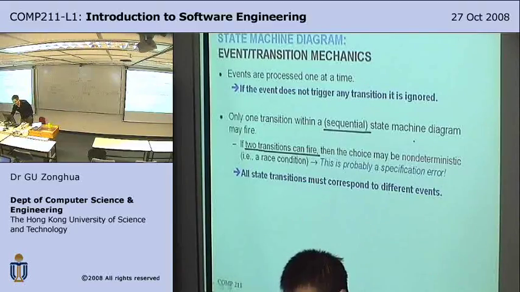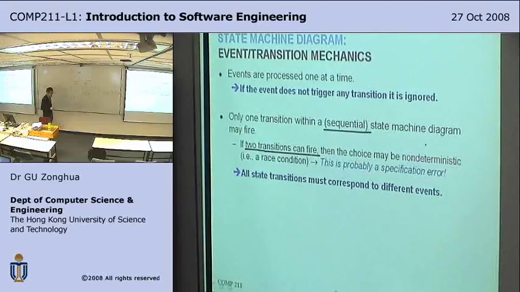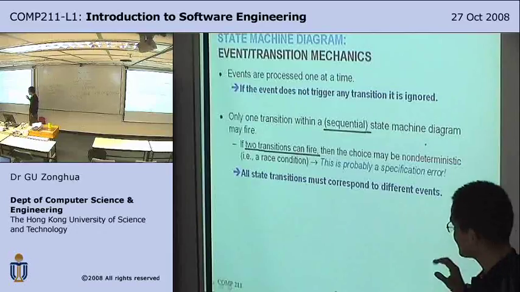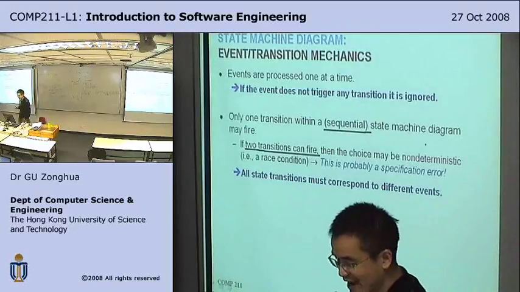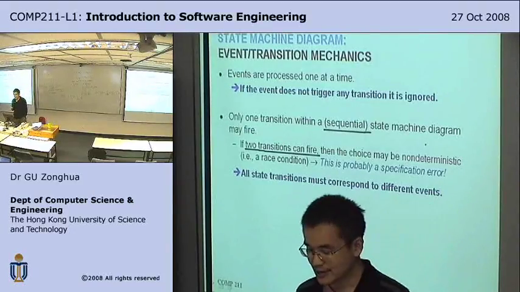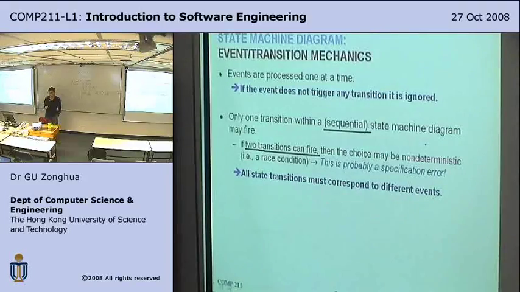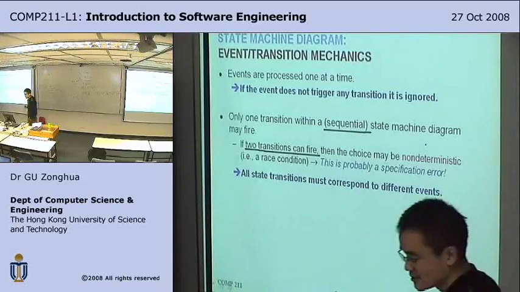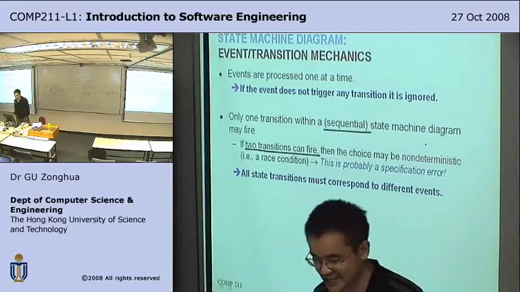A state machine should be deterministic. At any given time, either no transition can fire, that is, the state machine stays at the same state, or one transition can fire. You should not have multiple transitions enabled with multiple possibilities. That indicates non-determinism, and that's bad as a specification.